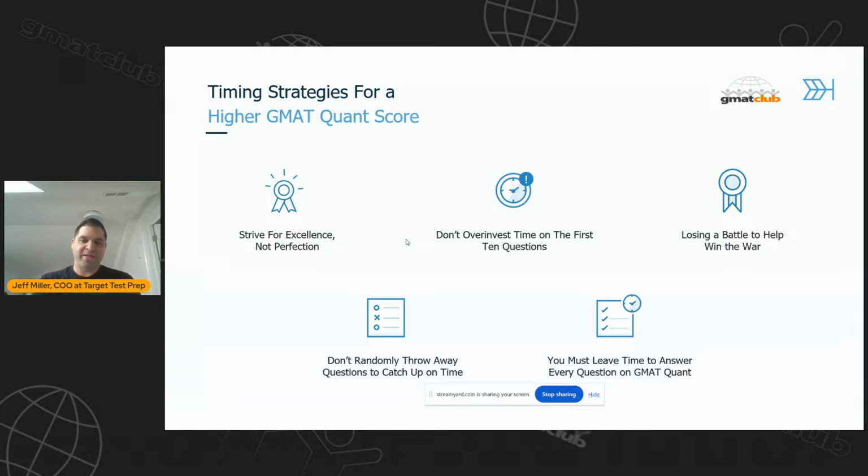Other question was, if I have my GMAT in a month, any tips? Well, it depends on where you're at in your prep. If you're just starting out and you need to take this thing in a month, the suggestion is, well, crap, you might not have enough time, if I'm being totally honest. But if you're well into your prep, you're in the practice test phase of your prep, then yeah, I think you should just continue taking practice tests.